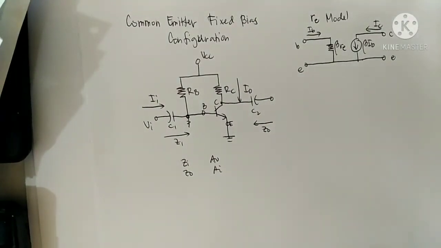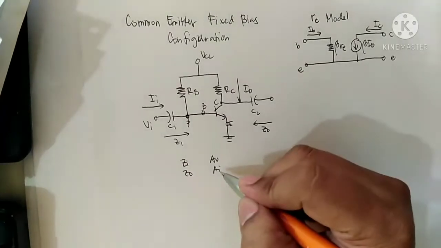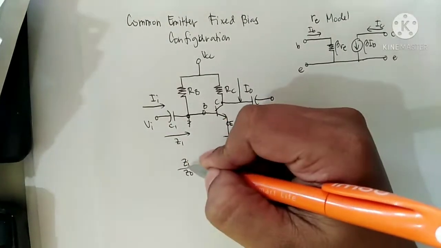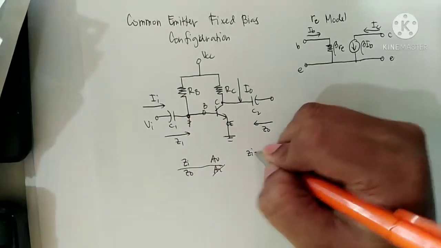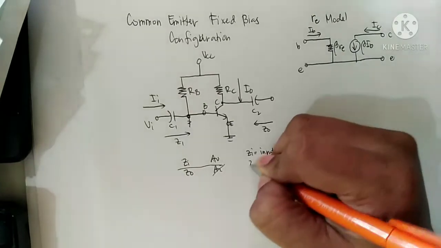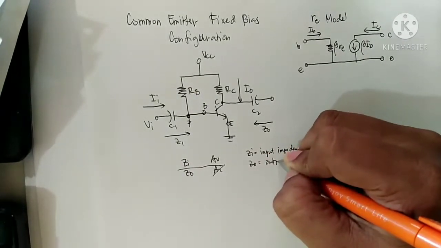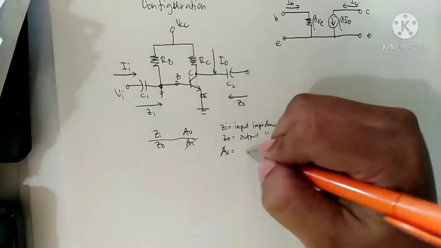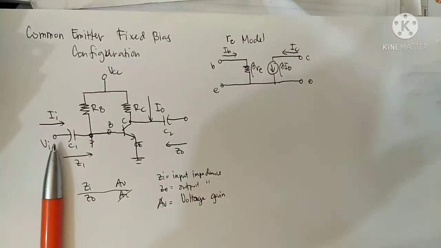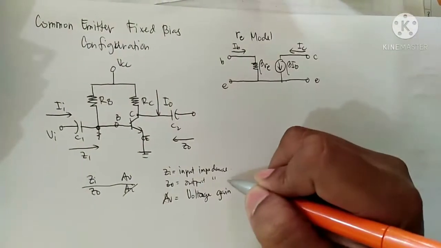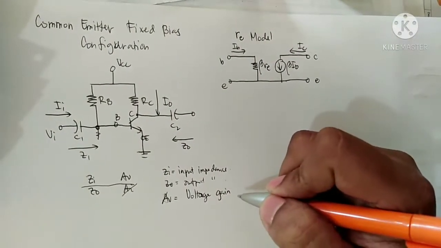But in this new edition of the book, they removed the current gain, so only three are left: the input impedance Zi, the output impedance Zo, and the voltage gain Av.